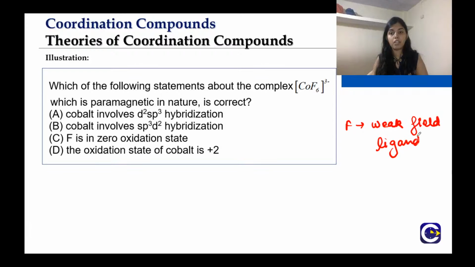And here the oxidation state of cobalt will come out to be what? Find out the oxidation state of cobalt. Then consider that fluorine is a weak field ligand. Then you have to tell the hybridization.